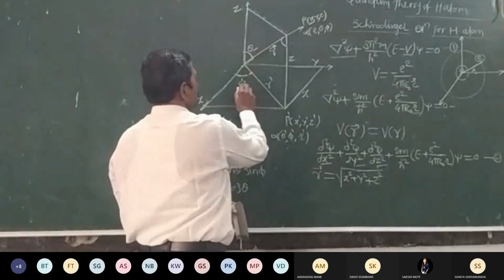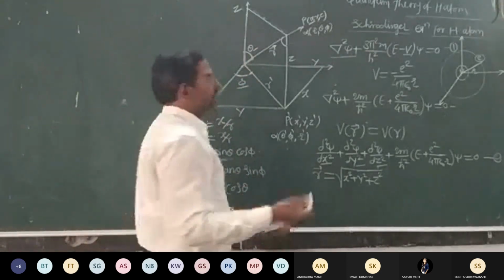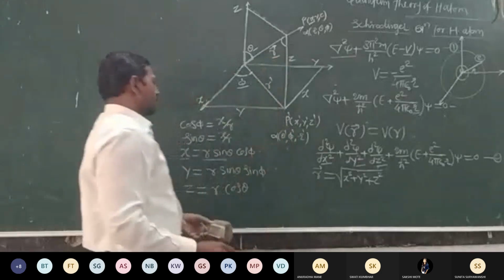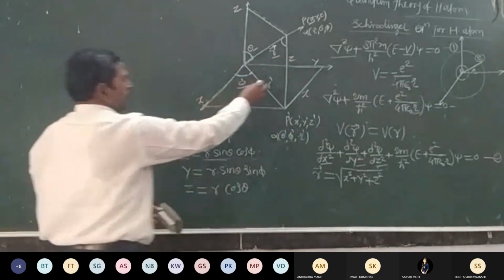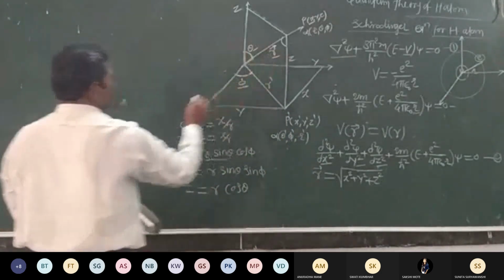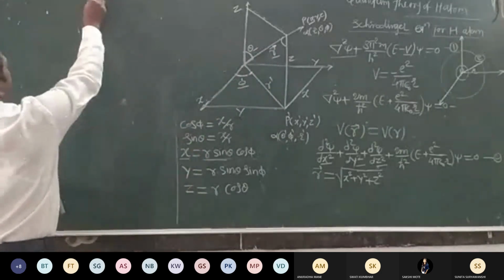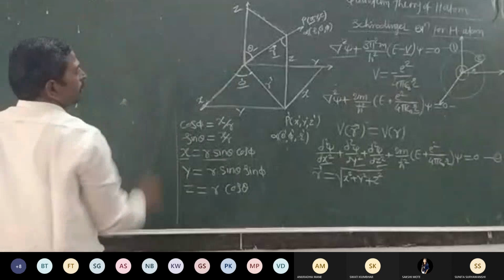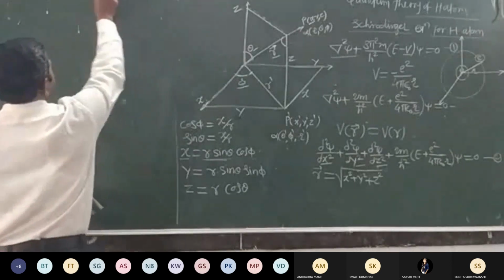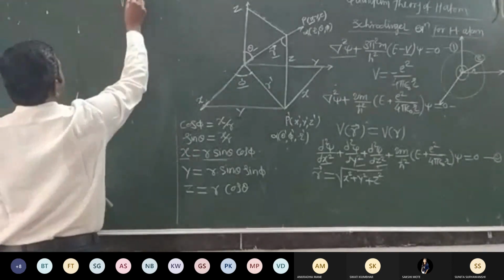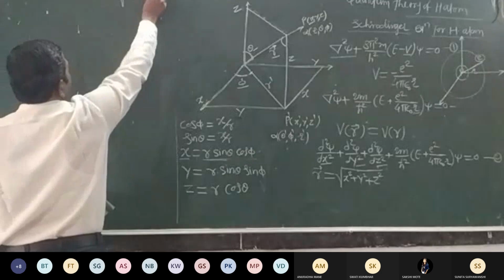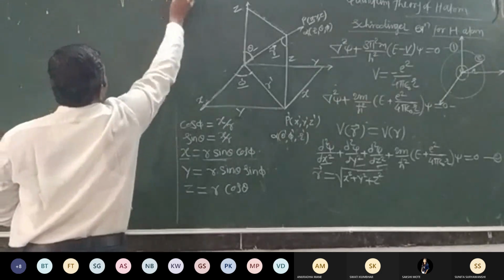And what is r. So first I have to explain this r theta phi. First we have to see what is the r, what is theta. Let this be the r. R is the radius vector and its magnitude is the square root of x square plus y square plus z square.